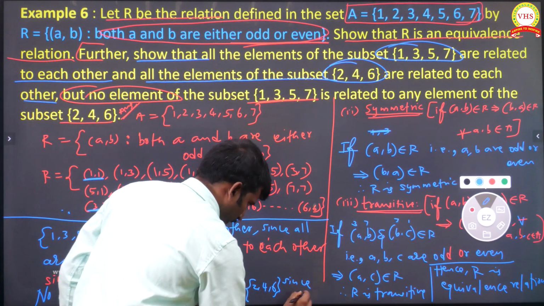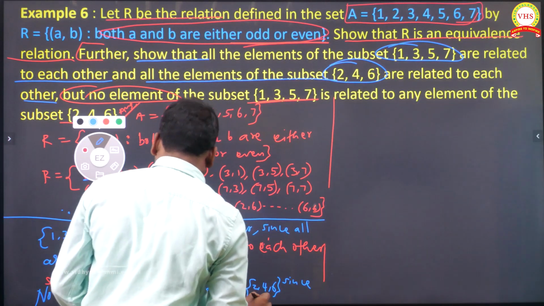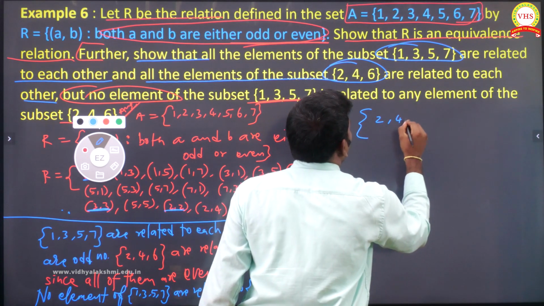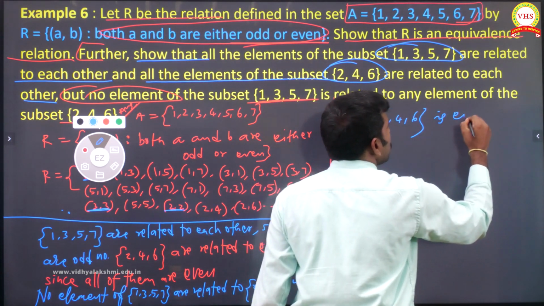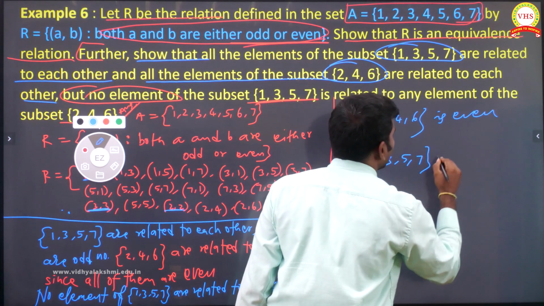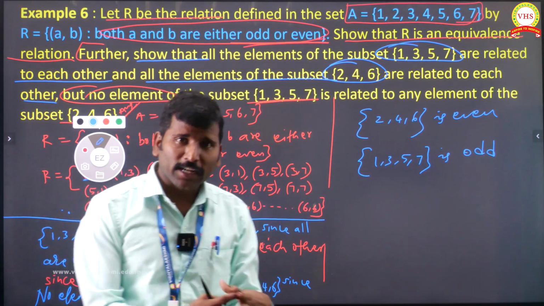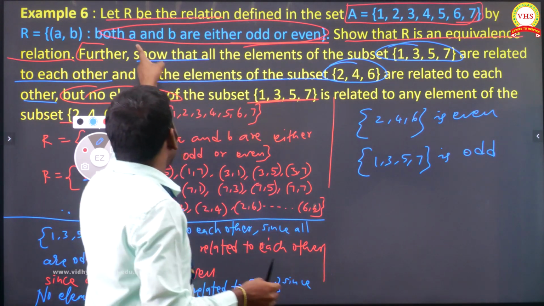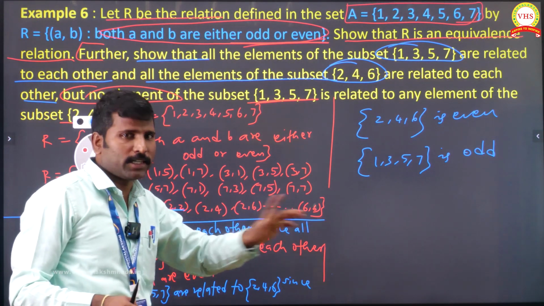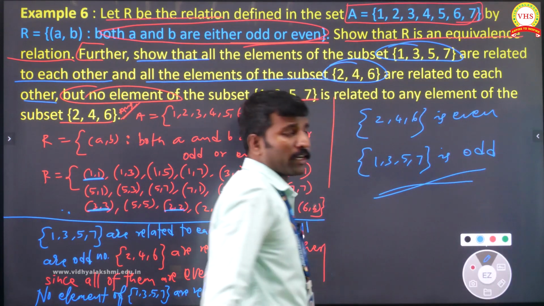Since 2, 4, 6 are even and 1, 3, 5, 7 are odd, even and odd never relate to each other. It should be both even or both odd. If one is odd and the other is even, it never relates. That is the meaning. Understand? That's it, children. Proved.